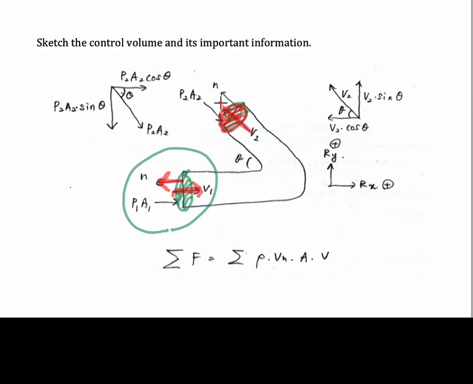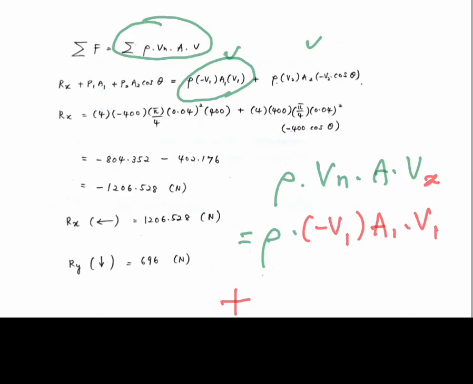Here you could see that the velocity and the n direction are in the same direction. So we'll have rho, we have Vn positive, we have A2. And then here we need to calculate the Vx.